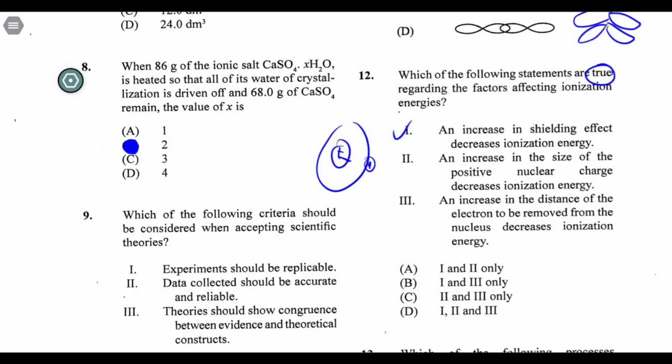So it makes it easier to remove the valence electrons because less energy is required. An increase in the distance of the electrons to be removed from the nucleus decreases the ionization energy. That's also true.